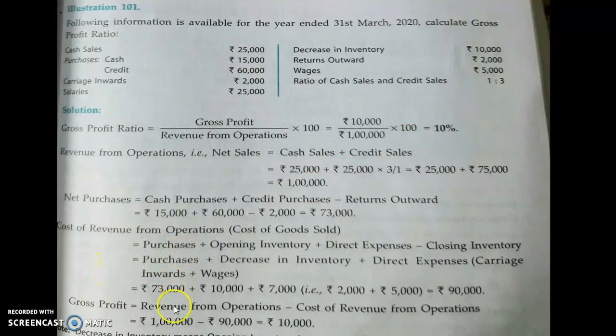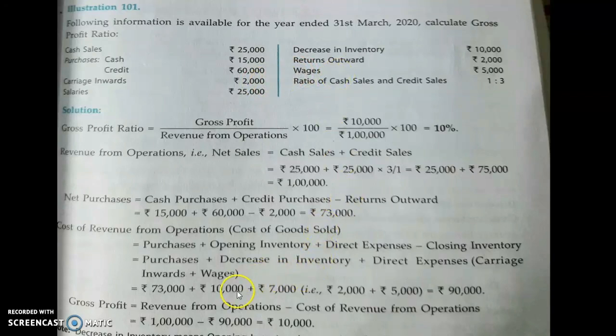So purchases is 73,000, and opening inventory and closing inventory they have already calculated and given to you in the wording decrease in inventory. So that is 10,000 you have written over here, plus direct expenses. Can you find out the items related to direct expenses? Yes, carriage inward and wages. These two items are direct expenses.